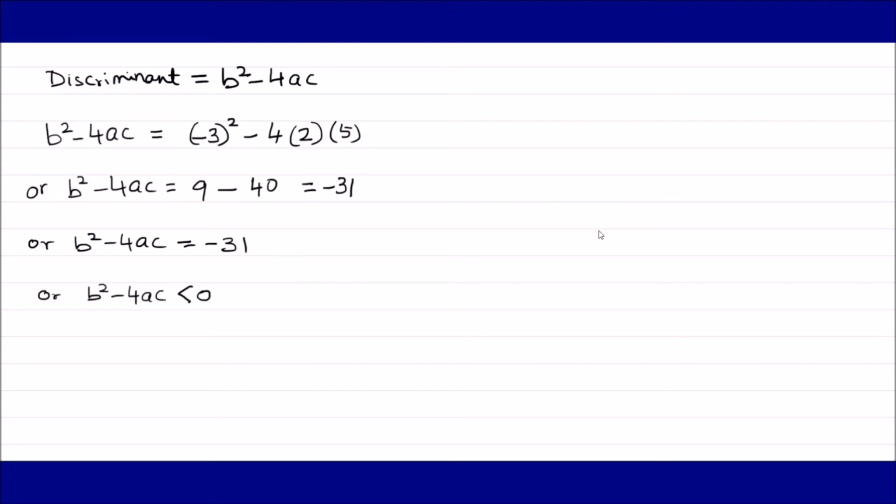The rule of the discriminant says that if b² − 4ac is greater than 0, then two different values of x exist, we will get two different values of x.